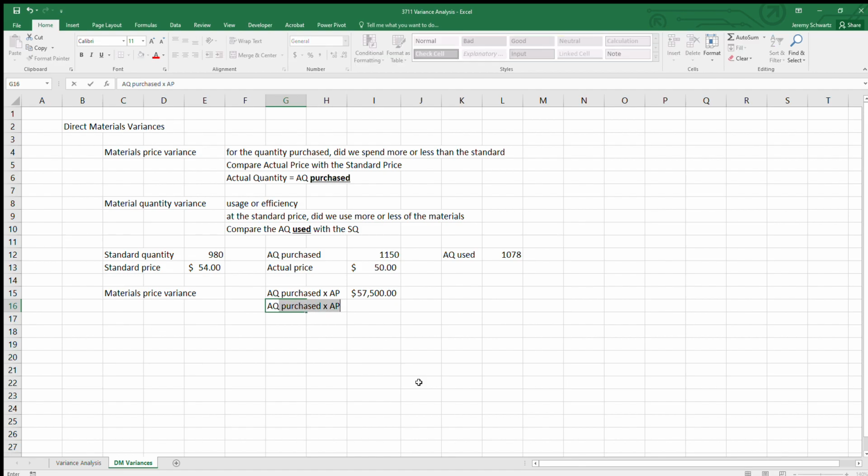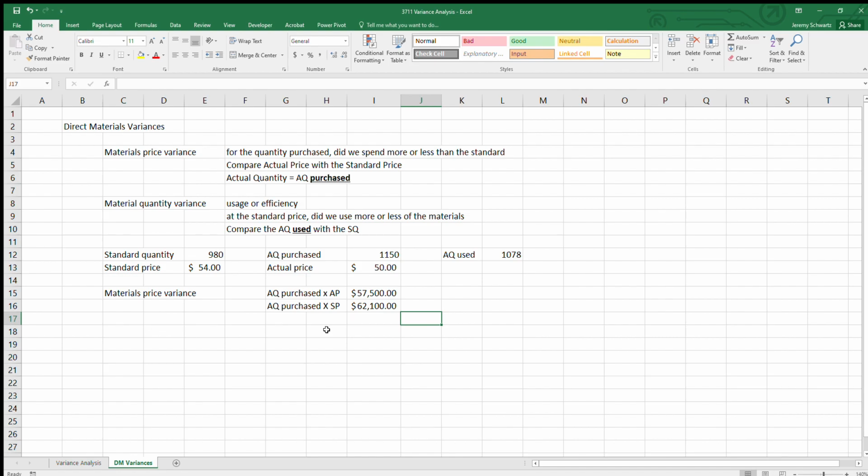So then we would take our actual quantity purchased and multiply that by the standard price.